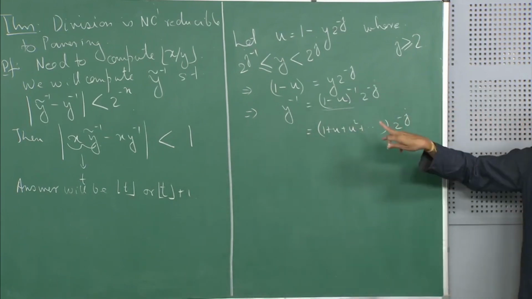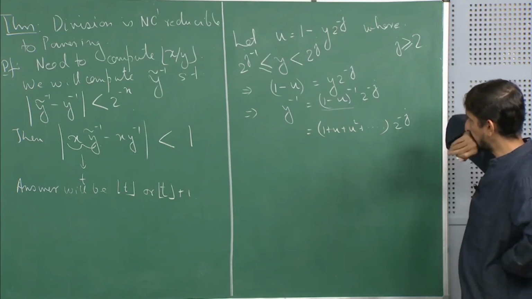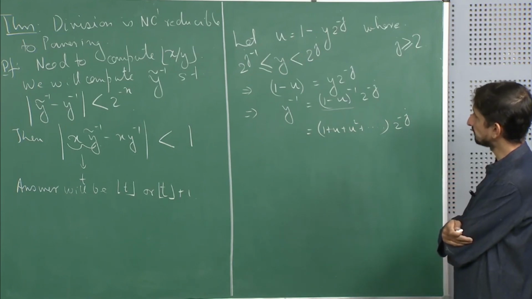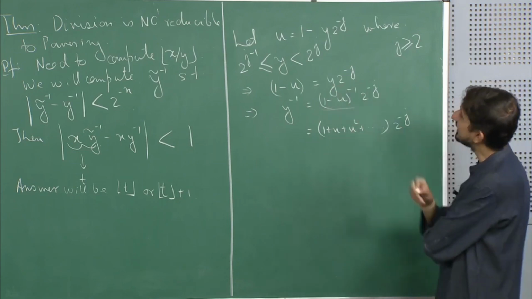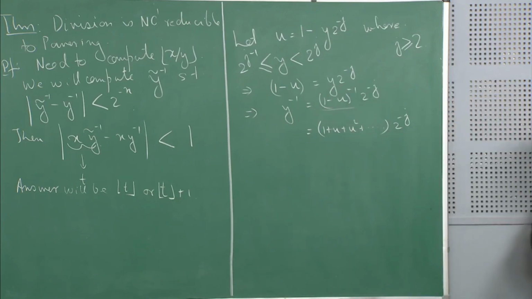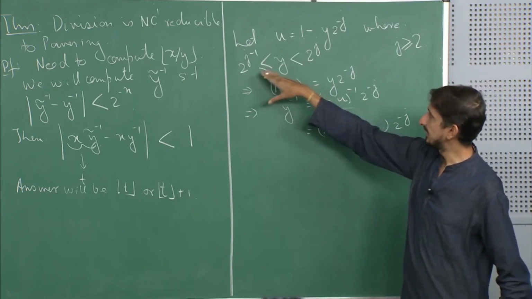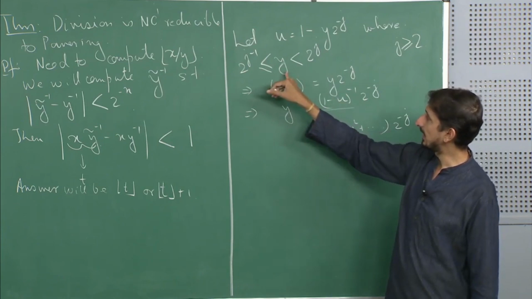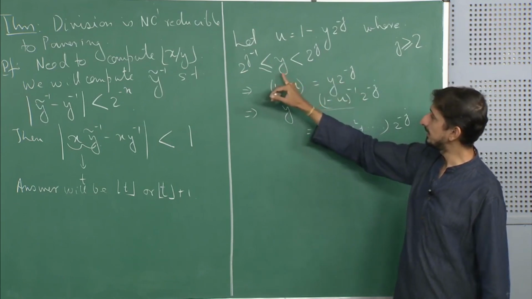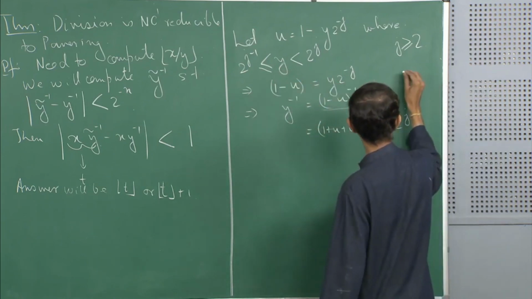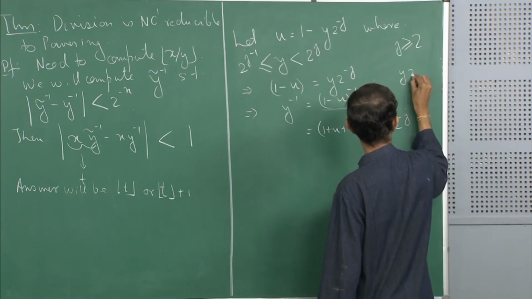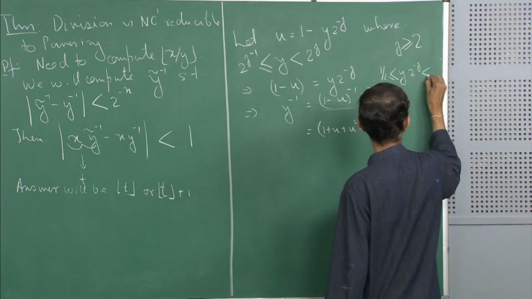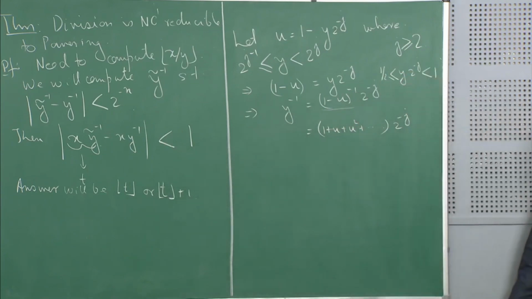Okay. And one more observation, what is the value of y into 2 to the power minus j? If I divide this entire expression by 2 to the power minus j, what I get is that y into 2 to the power minus j lies between half and 1, right.